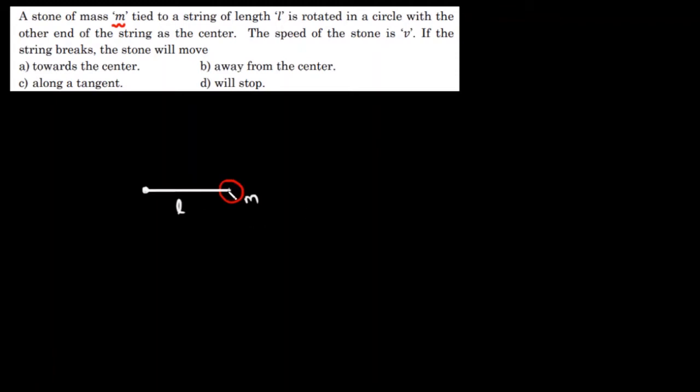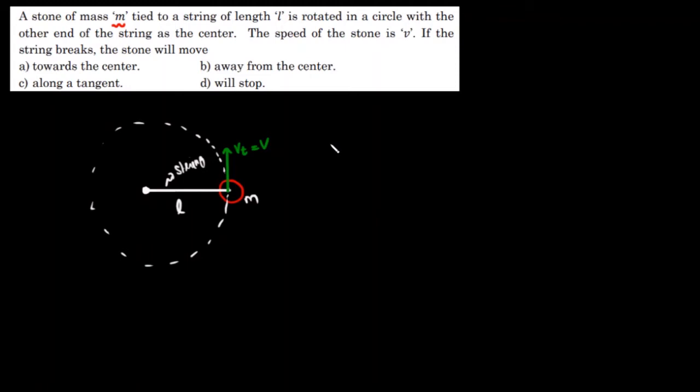Let me take that it is rotating in a circle, something like this, with the other end of the string as the center. Yes, that we know. This is the center and this is the string. Now the speed of the stone is v. If it is a rotating motion, then there is only one velocity, the tangential velocity vt, which is given as v.